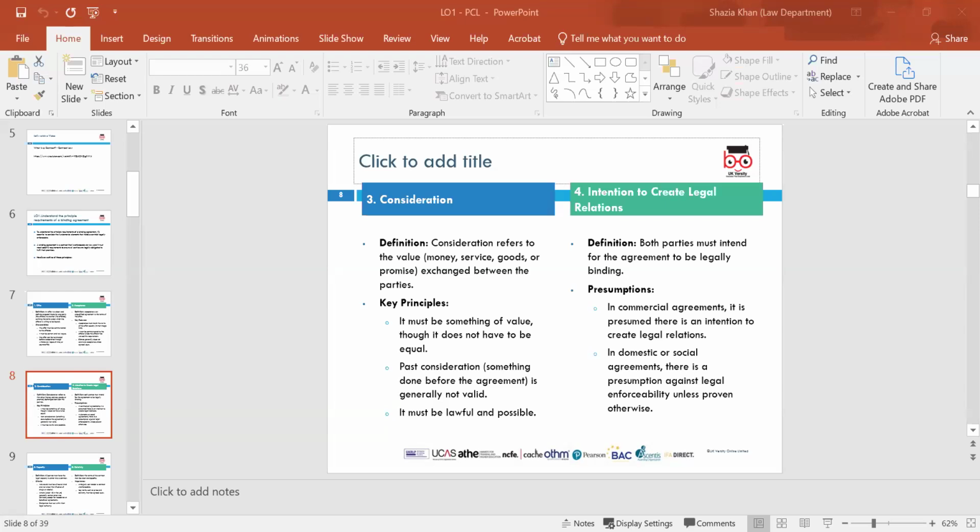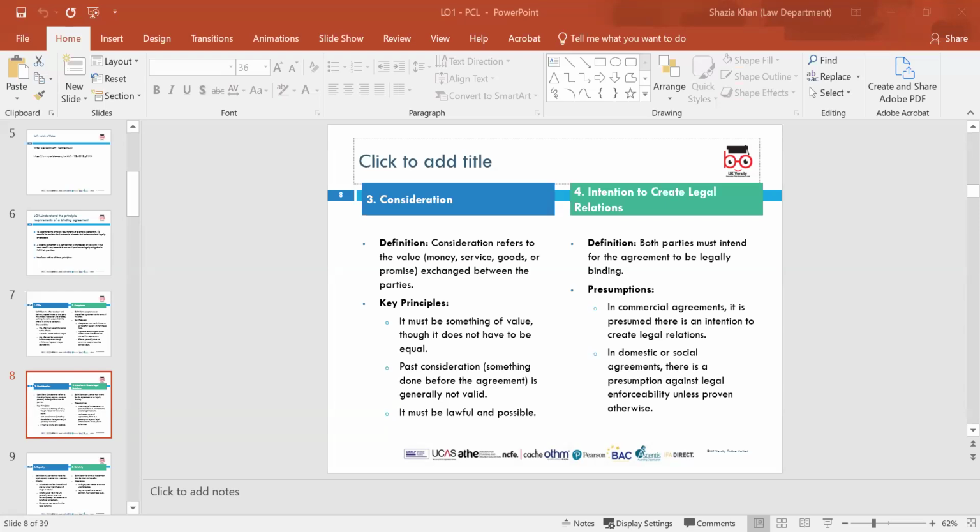The concept outlines the necessity for parties involved in a contract to have the intention, as we mentioned, to be legally bound by the terms of the contract. So it could be whatever terms are put in place. If there is no intention to create legal relations, the contract may be rendered void or unenforceable. This principle helps to distinguish between social and legal agreements, ensuring that only those agreements intended to have legal implications carry such weight in a court of law.